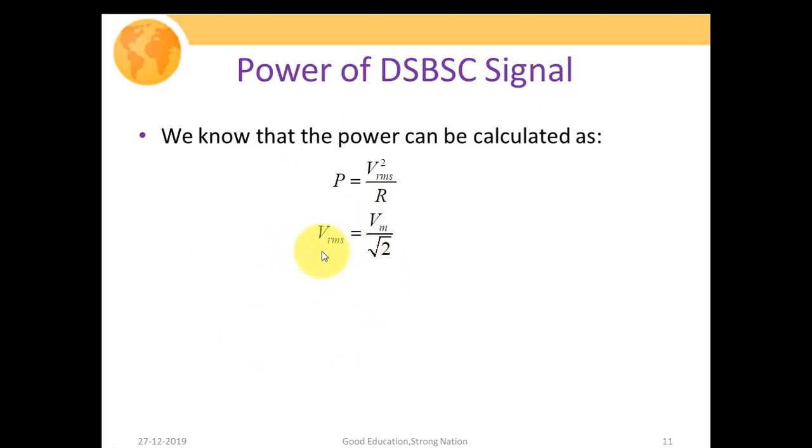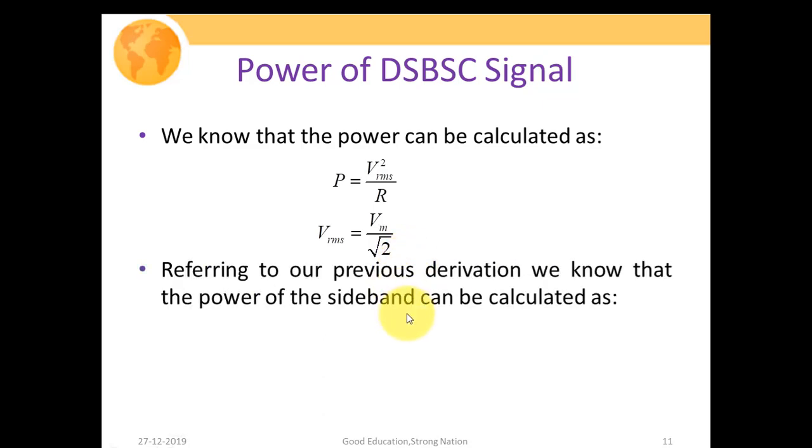In that case, we have this expression for the root mean square value of our signal, equal to Vm over root 2. If the signal variation is of a different kind, then obviously the RMS value of that particular signal is going to change. Since we are assuming cosinusoidal variation, the root mean square value is calculated as Vm over root 2, where Vm is the maximum amplitude of our message signal.